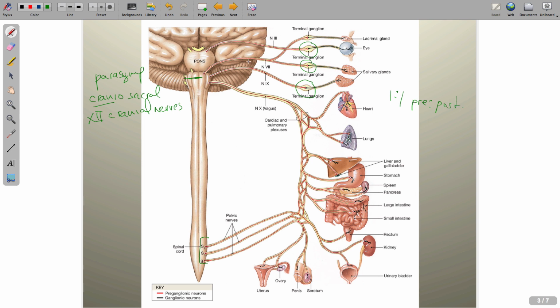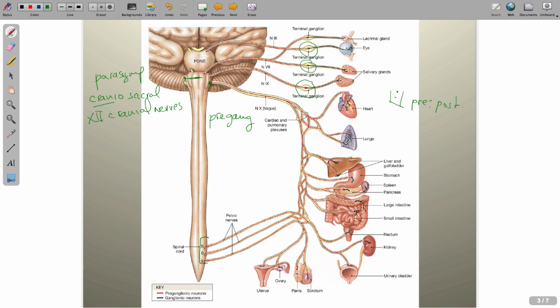As you see here, you take one nerve fiber and it gets to a terminal ganglion, and from there only one fiber leaves. So this is a 1-to-1, and the parasympathetic nervous system is going to very specifically talk to one thing with one fiber, one thing being an organ, an organ system, or a cell. All right, the other thing you'll notice here is that preganglionic fibers are long.